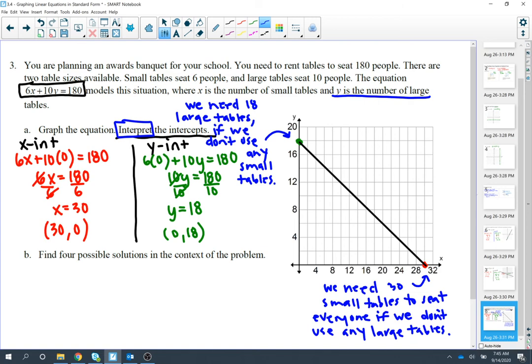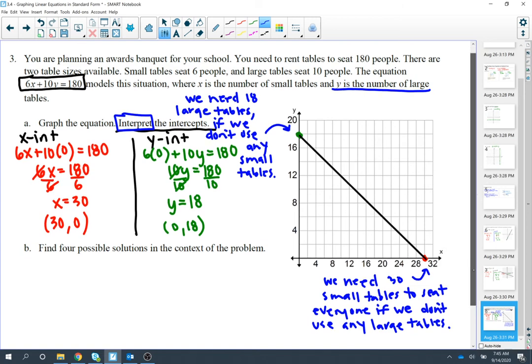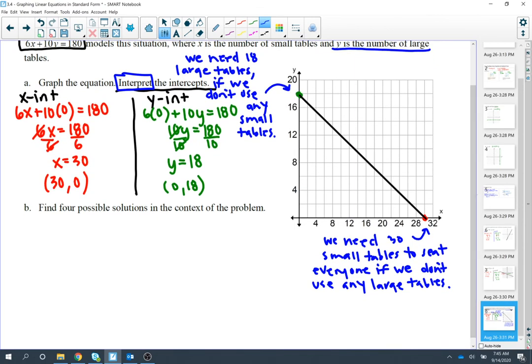Letter B, find 4 possible solutions in the context of the problem. In the context of the problem, we're trying to figure out how many large tables and how many small tables we actually need in order to make this work. We have to seat 180 people. So, 4 possible solutions, we already know 2 of them.